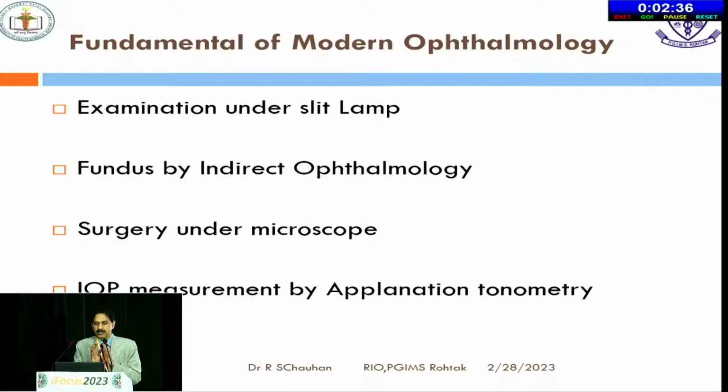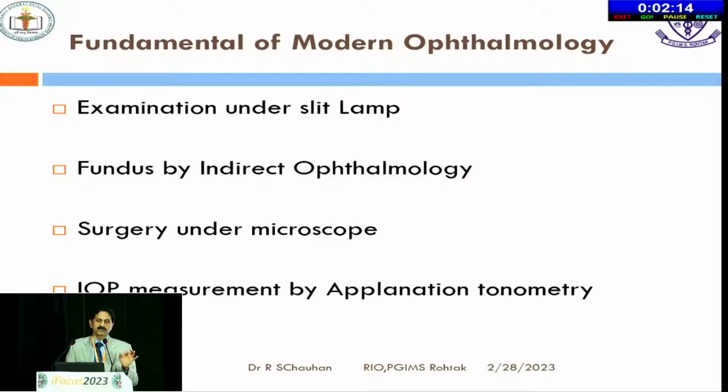Now, the fundamentals of modern ophthalmology. I assure you, if you just remember these four things: every patient needs to be seen under a slit lamp and every fundus needs to be seen with indirect ophthalmoscopy. There is a very good article in Survey of Ophthalmology by Boyd, a 60-page article.